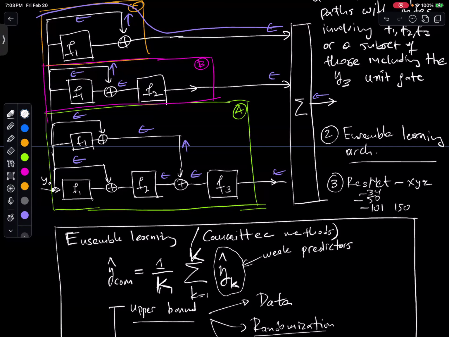I can't remember exactly all the numbers. 18. So when you are defining the ResNet, you're also quoting this number, which is associated with the number of blocks in that network.